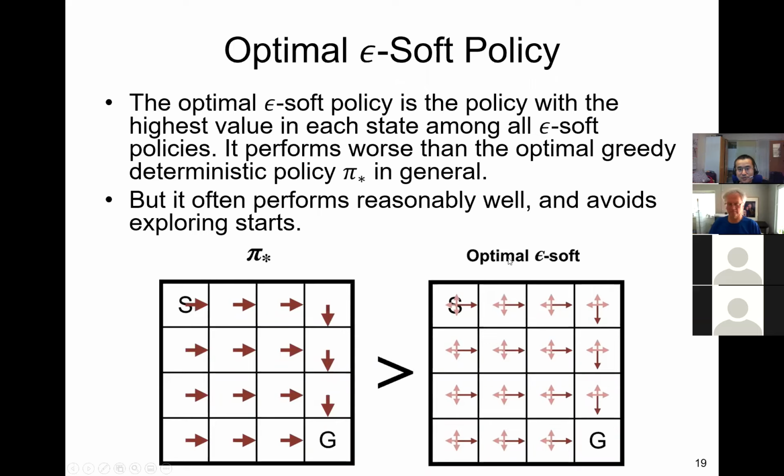So by optimal epsilon soft, we mean that it is optimal among all epsilon soft policies. But if you expand your view towards all possible policies, then it's generally worse than the optimal deterministic policy.